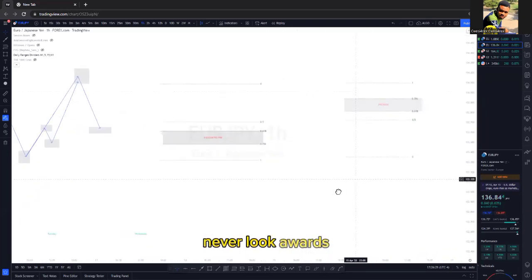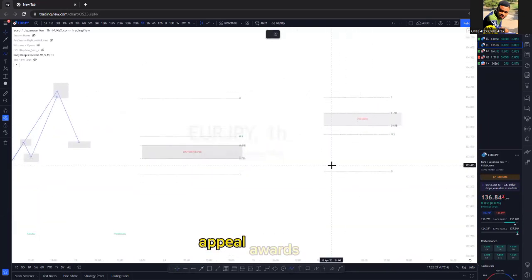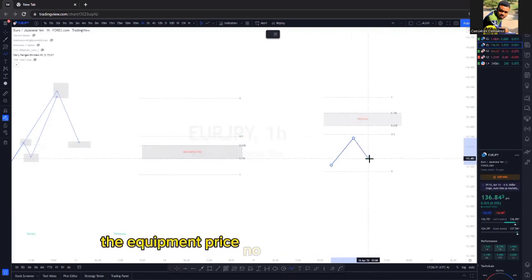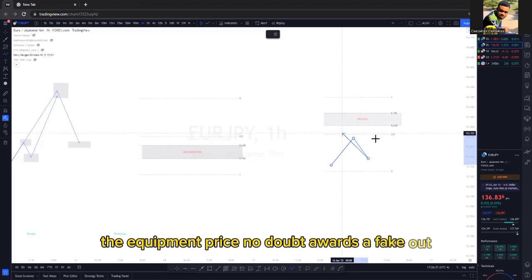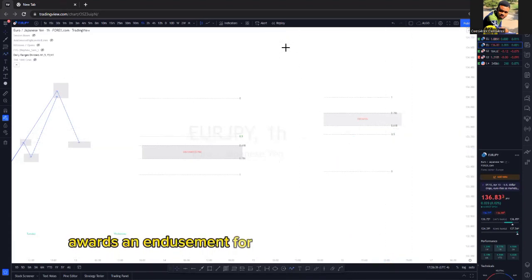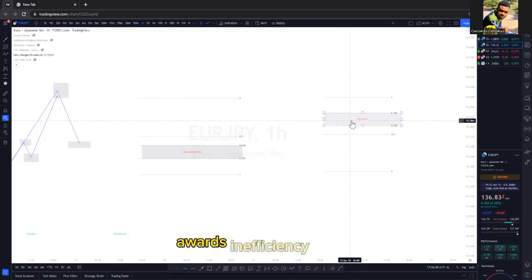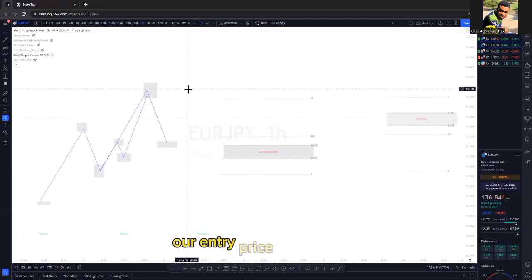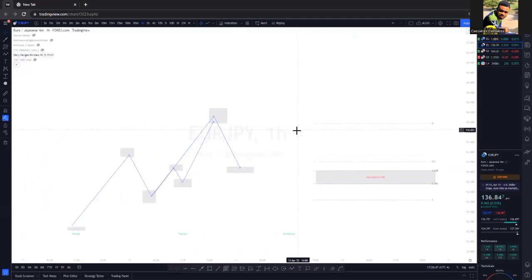Never look for a POI below the equilibrium price. That will be a fake out or an inducement for the premium price order block, inefficiency or IFCs and other stuff, our entry price, entry model. Good.